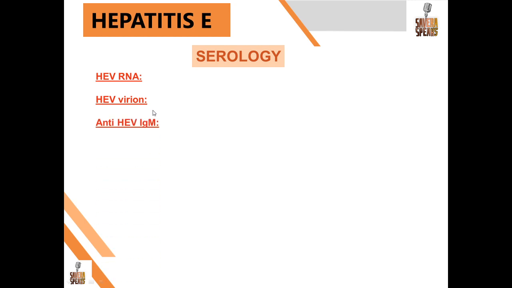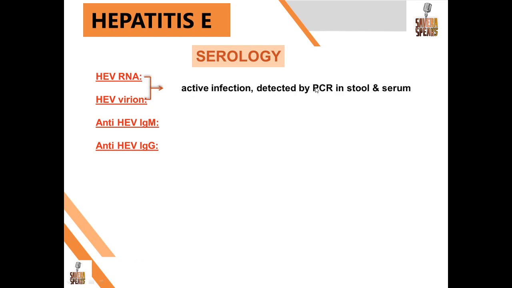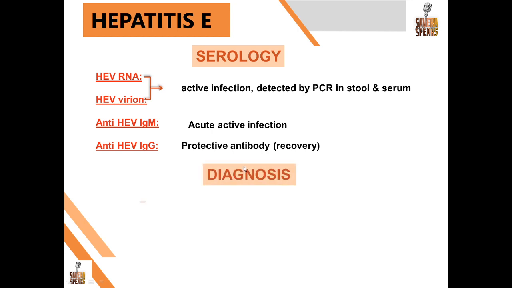For hepatitis E virus, it's quite similar to the hepatitis A virus, and the markers are HEV RNA, HEV virions, anti-HEV IgM, and IgG. Now, this RNA and virions are detected by PCR in stool and serum, and this IgM, again, it refers to acute, and IgG for the recovery. It's a protective antibody.